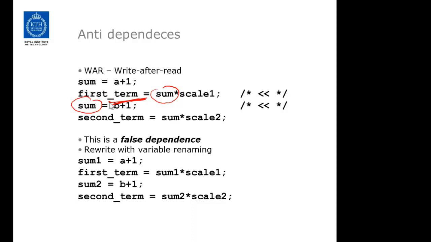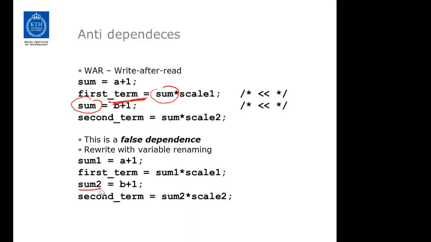We cannot reorder these statements because the third line here will store a value which is read previously. This is write after read, or an anti-dependence. This is a false dependence because it does not carry any data. So it can easily be removed by rewriting with variable renaming.